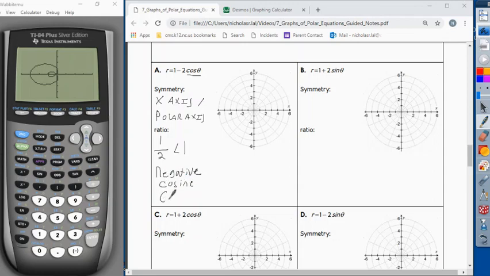Which means this polar graph is going to open left. And we have, let's look at our a values. A minus b is equal to 3. So 1 minus negative 2 is equal to positive 3. 1 plus negative 2 would be equal to negative 1.